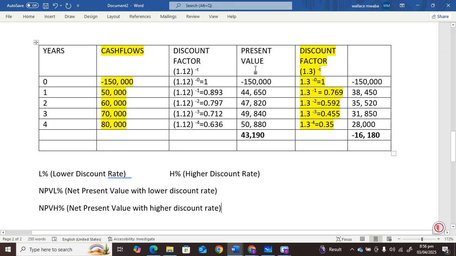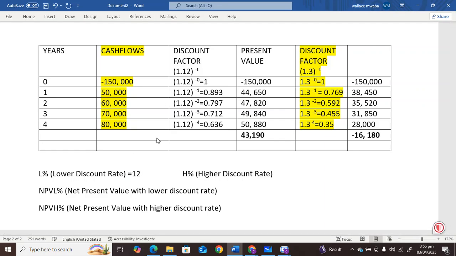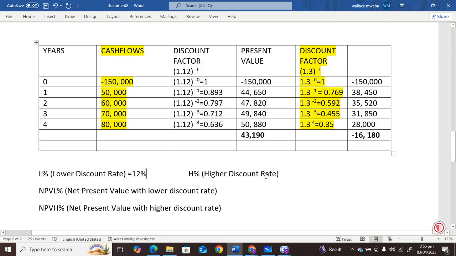First we need to get our L%, the lower discount rate. So the lower discount rate is this 12% we used originally. H% is the higher discount rate. The higher discount rate we use is 30%. NPV L% represents the net present value with the lower discount rate.